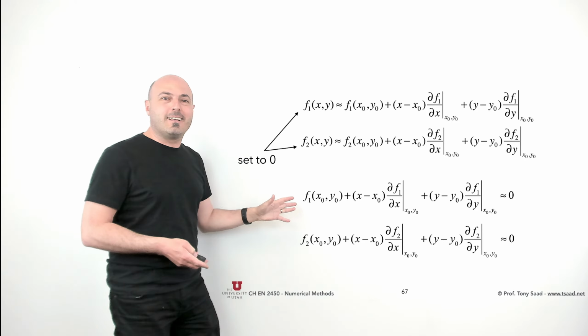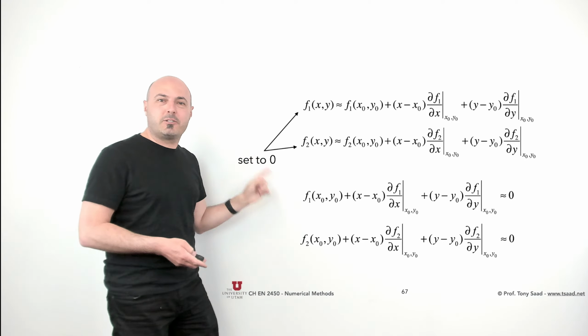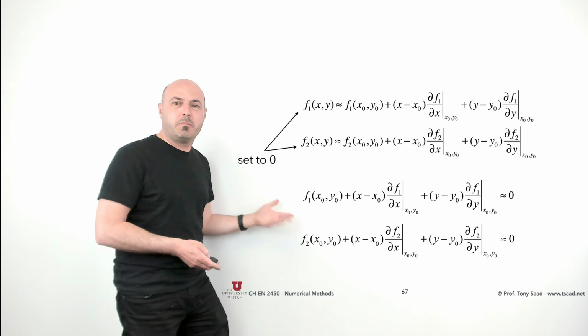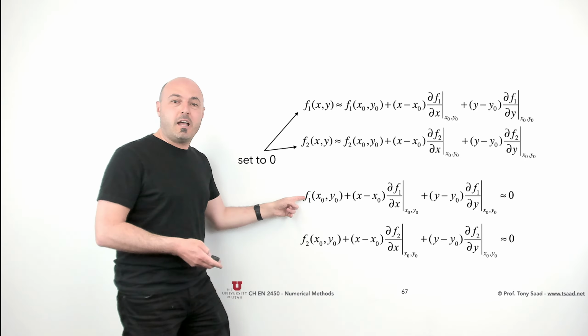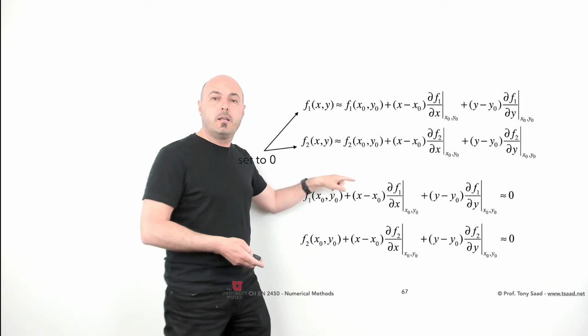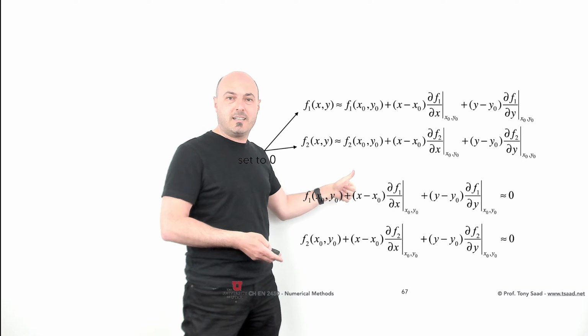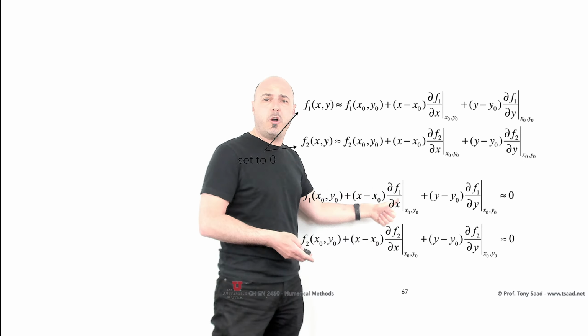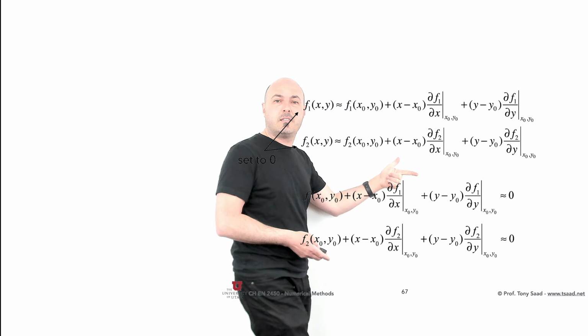Now when we had a single equation, it was easy to extract x. But over here we have two equations, so how many unknowns do we have? f1 at x0, y0 is known, because we know f1, x0, and y0. X is not known, that's unknown number 1. df1/dx at x0, y0 is known. Y is not known, that's the second unknown.